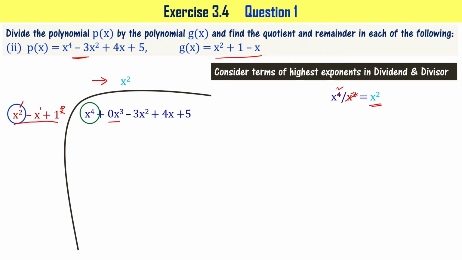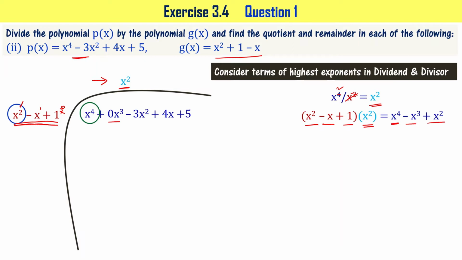Now the next step is, let me multiply the divisor x square minus x plus 1 with this particular x square. When I do that, x square times x square is x power 4, minus x times x square is minus x cube, and plus 1 times x square is plus x square, right?